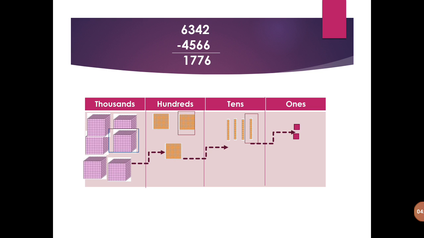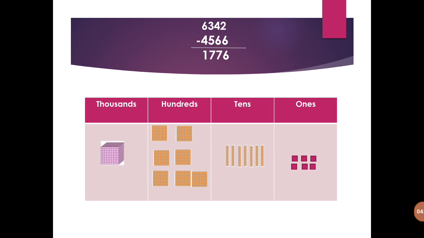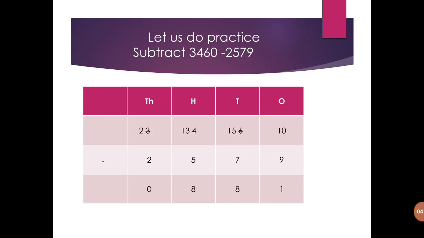Then we observe that 5 cannot be subtracted from 2, so we can take a borrow from the thousands column and change it into 10 hundreds. Now 12 minus 6 is 6, 13 minus 6 is 7, 12 minus 5 is 7, and then 5 minus 4 is 1. So the answer is 1776.